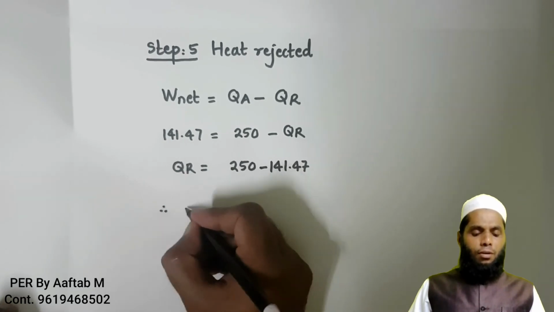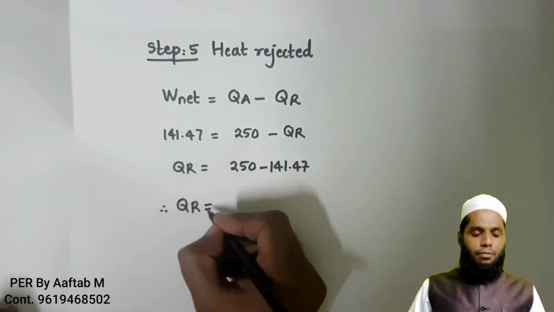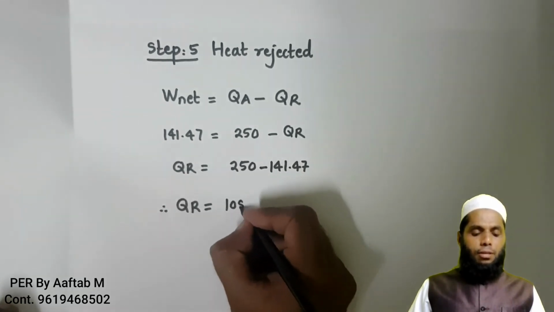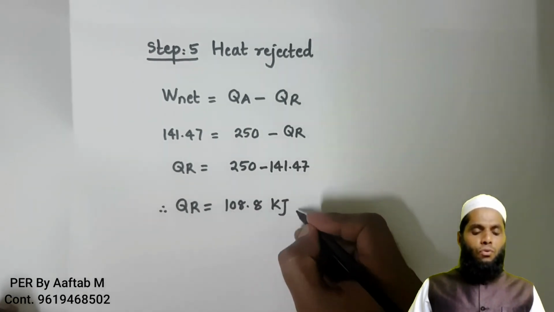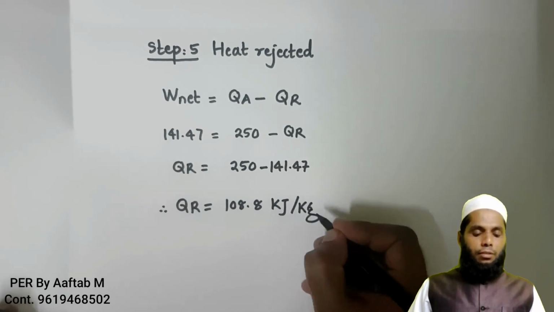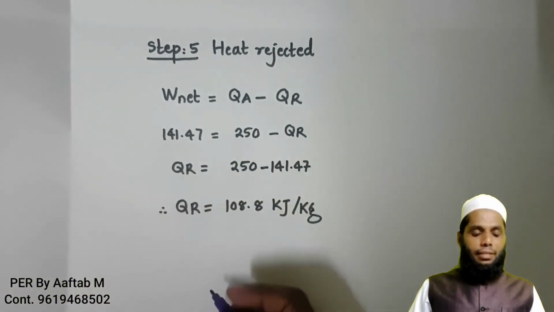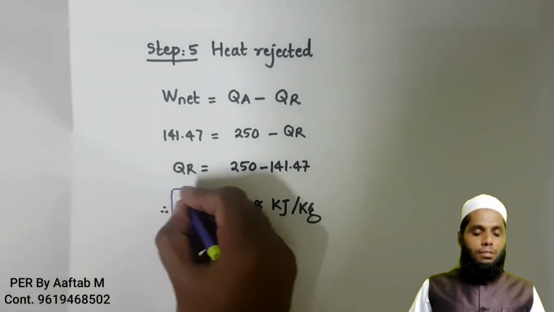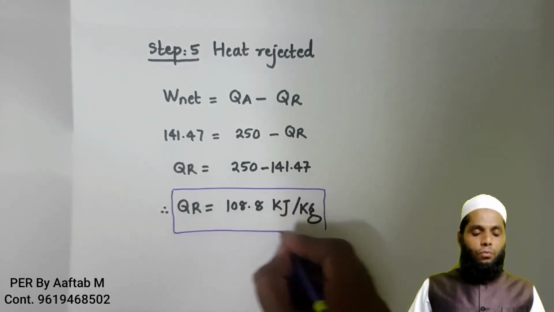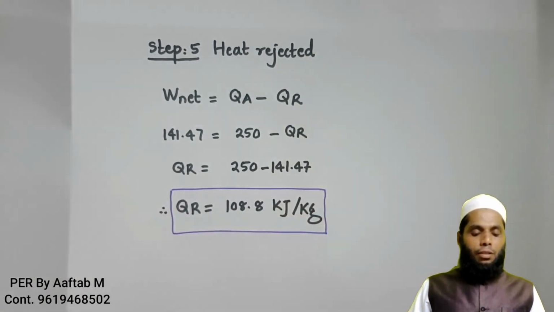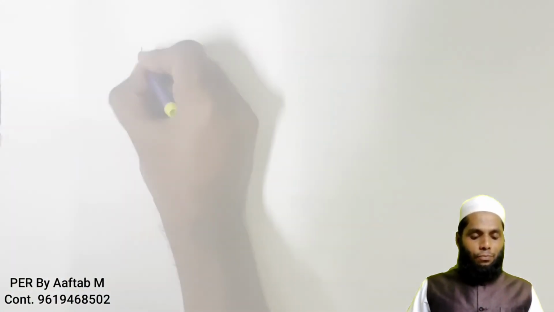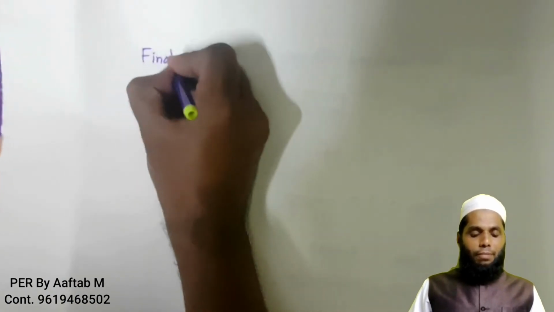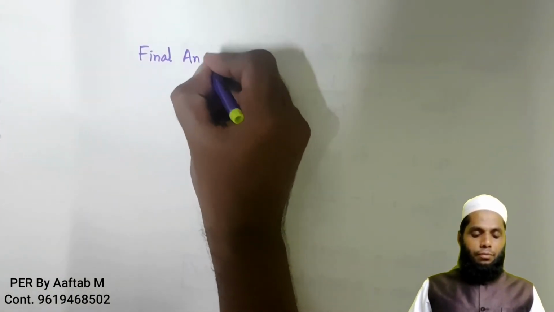We'll shift QR to the left side and subtract 141.47 from 250. Therefore, heat rejected by this system is equal to 108.8 kilojoule per kg. So this is the next required answer of heat rejected by the system.